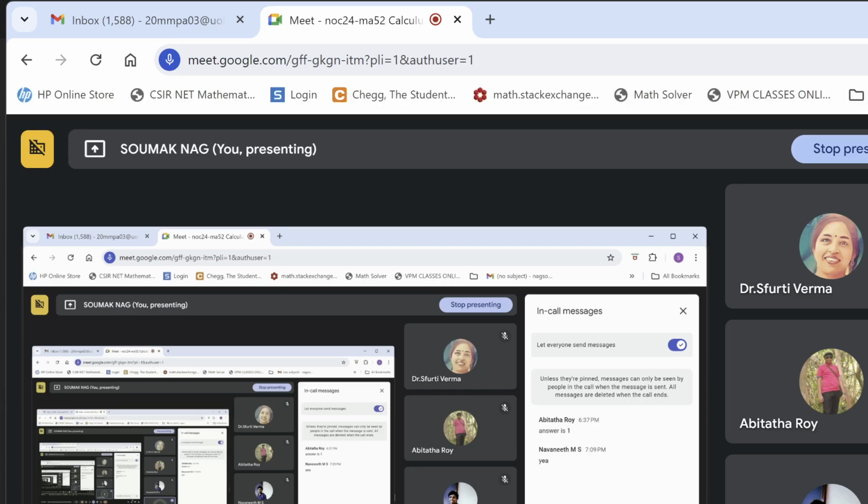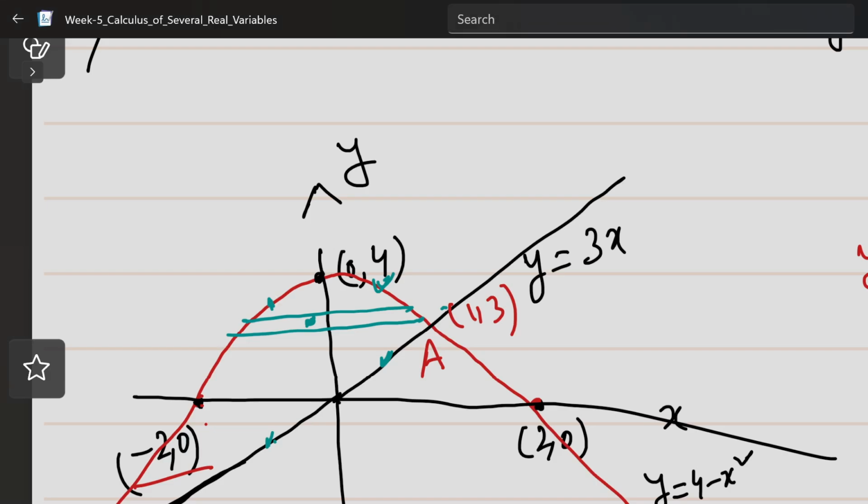Okay, so I asked what will happen if you take a horizontal strip. Horizontal means for a fixed y, x varying from something to something, and y is varying from here to here. So what problem happens?